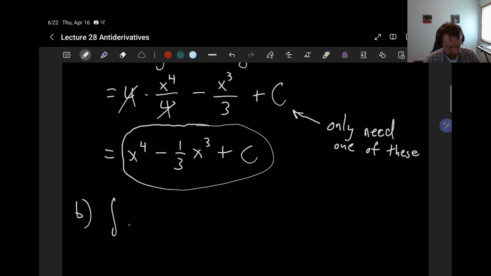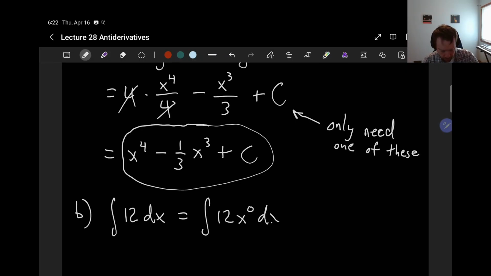Okay, let's say we're trying to find all antiderivatives of the constant function 12. Notice I don't explicitly have an x written in here, but it really is hidden in there because you can think of this as 12x to the 0.